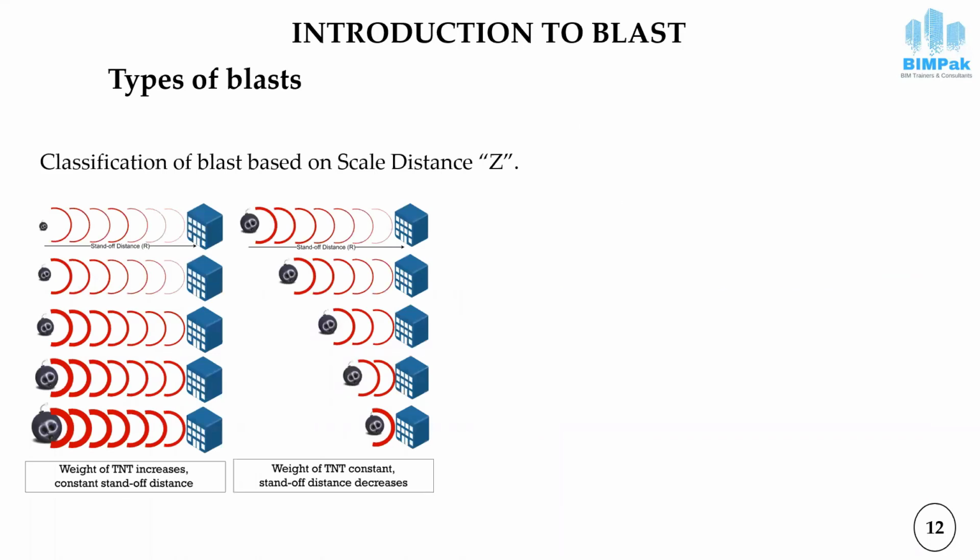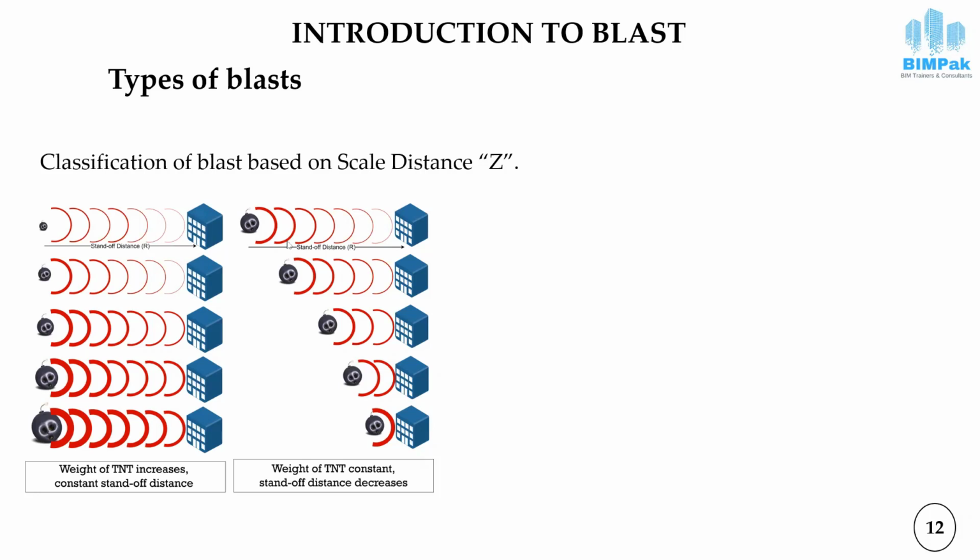So the blast can be classified in different ways. We will discuss that in detail. As we have already studied, the effect of blast load mainly depends upon two factors: the standoff distance, which is the distance of the explosion from the target, and the weight of explosive material.